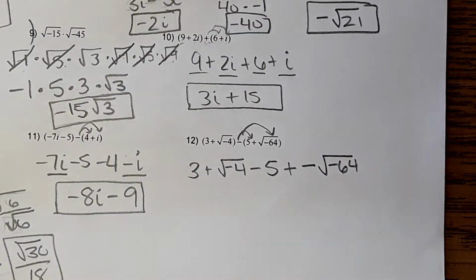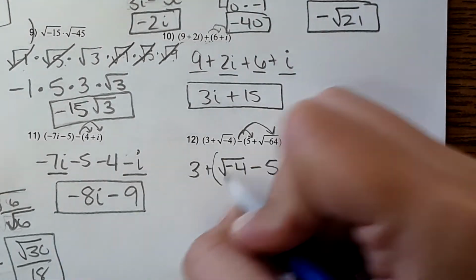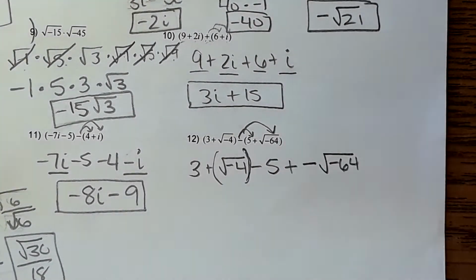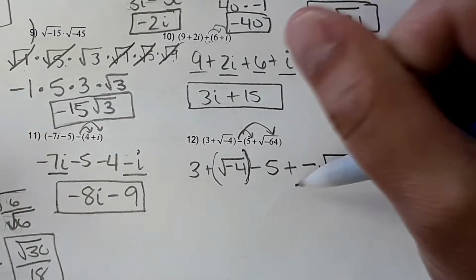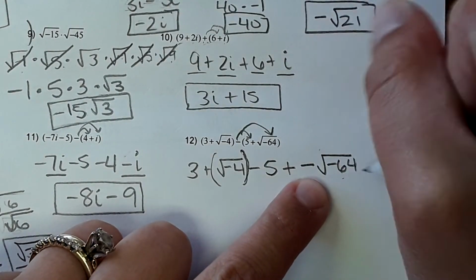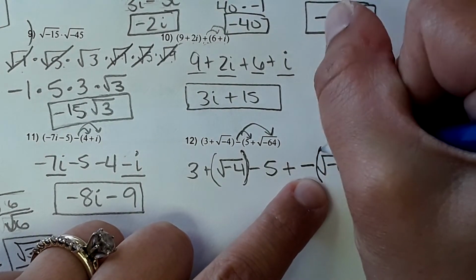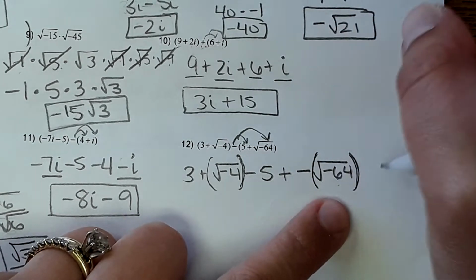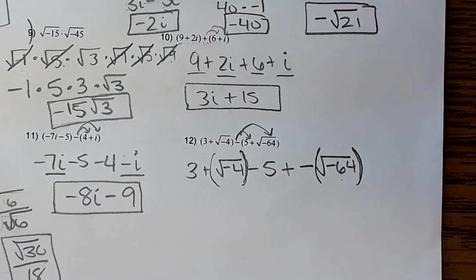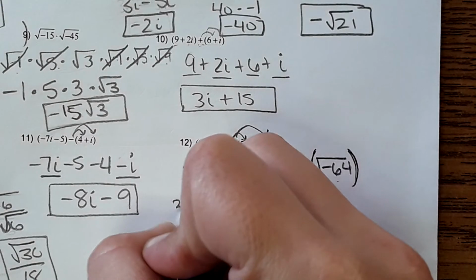Now I'm going to break this stuff up. So I'm actually going to put parentheses around what I break up. And then here, like I said, this is going to become multiple terms, but it's all negative. So I'm going to put whatever I break up in parentheses. And then from here, now I break it up.